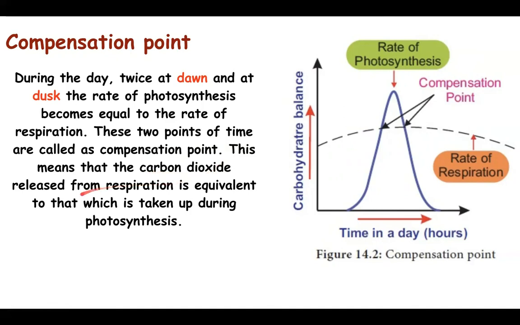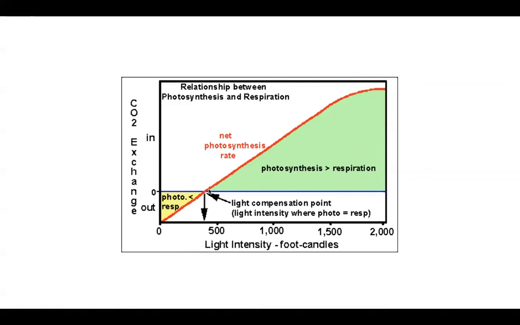This means that the carbon dioxide released from respiration is equivalent to that which is taken up during photosynthesis. So you can see in this graph here, at night, the rate of photosynthesis becomes less than respiration. And during daytime, the rate of photosynthesis becomes more than the rate of respiration. And at the dawn and the dusk, the two become equal to each other.